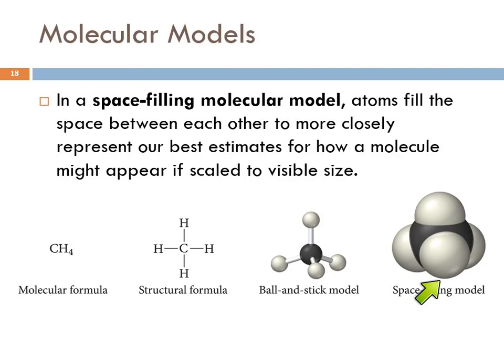These are more accurate, but they're not as easy to look at as the ball and stick model because everything kind of just blobs together. But this gives us a better representation of what the molecule actually looks like. There's not really a big gap here between the carbon and the hydrogen. They're actually smushed right onto each other, like Play-Doh globs or something smushed together.